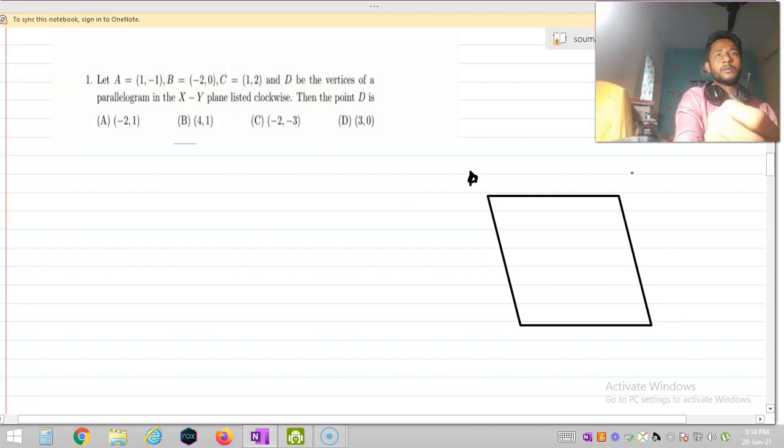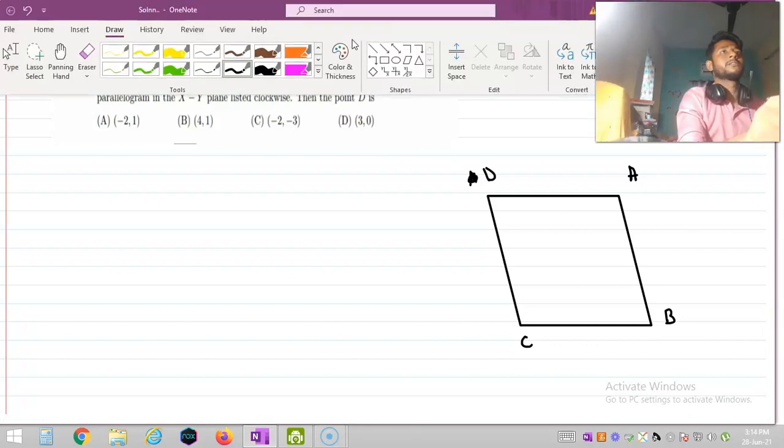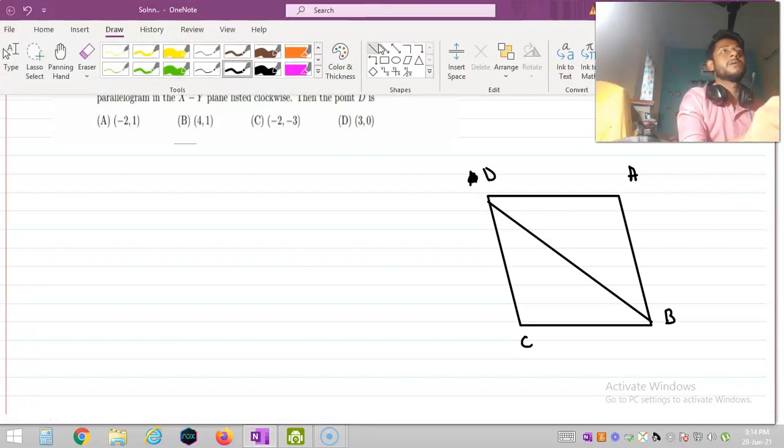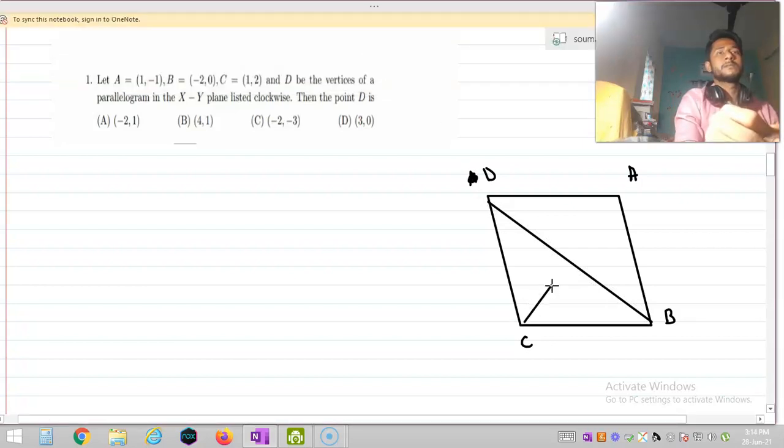I am considering this as A, this B, this C and this D. Let us draw the two diagonals of this parallelogram. This is our first diagonal and this is our second diagonal. Let me give the name E to their intersection.